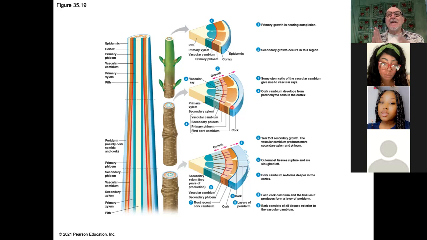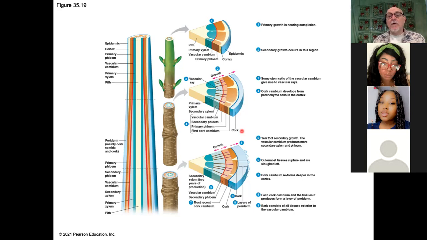The stem still needs some gas exchange, so there are special pores in the bark called lenticels that allow some gas exchange to take place, but it is a controlled gas exchange.